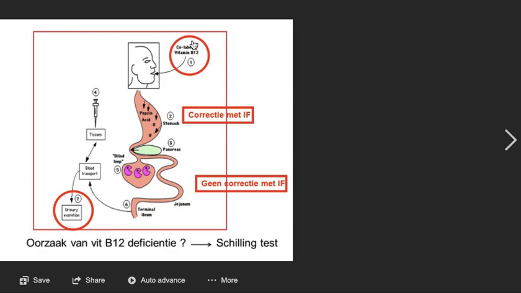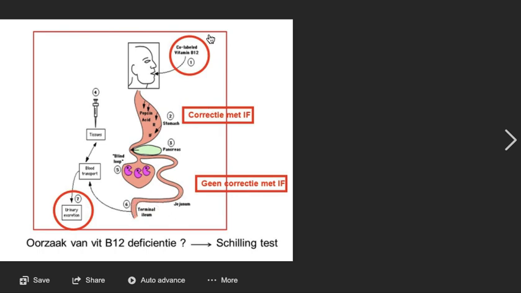we give one more radio labeled dose with intrinsic factor. After giving intrinsic factor, if the dose starts appearing in the urine, it means there is deficient intrinsic factor. Even after giving intrinsic factor, if it is not appearing, there could be two reasons: number one, malabsorption; number two, bacterial overgrowth.